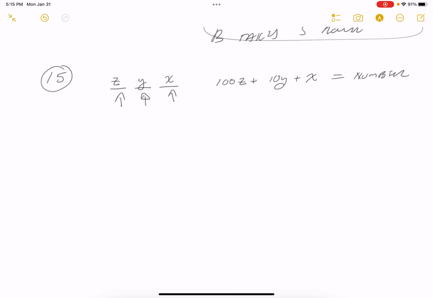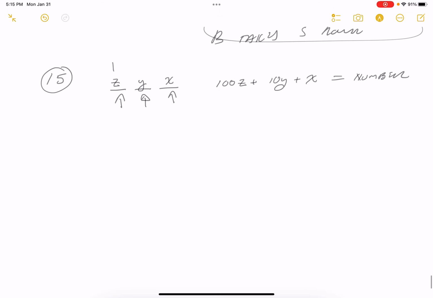All right, I got to read this again, and reading is probably going to take some time to get through. It goes on to say the square of the second digit, so I got to be careful over here. I'm going to say this is the first, this is the second, and this is the third.